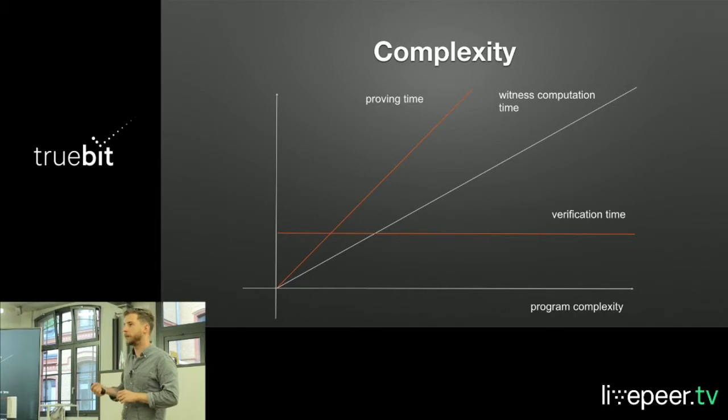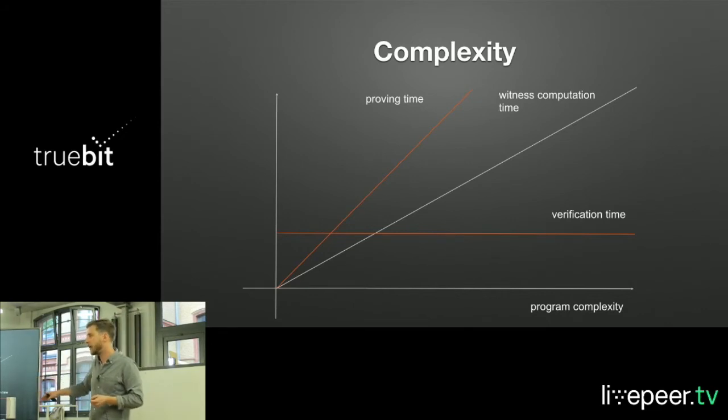But the important property, why this is cool and why this can also be leveraged for scalability in blockchains, is that the verification time is constant and not depending on the complexity of the off-chain computation. So in theory, if you have a very, very good compute node and a lot of memory, you can do very, very complex off-chain computations and still verify on the blockchain with constant cost.